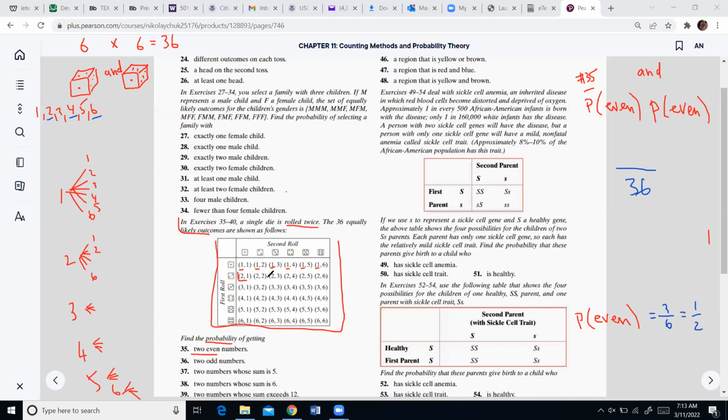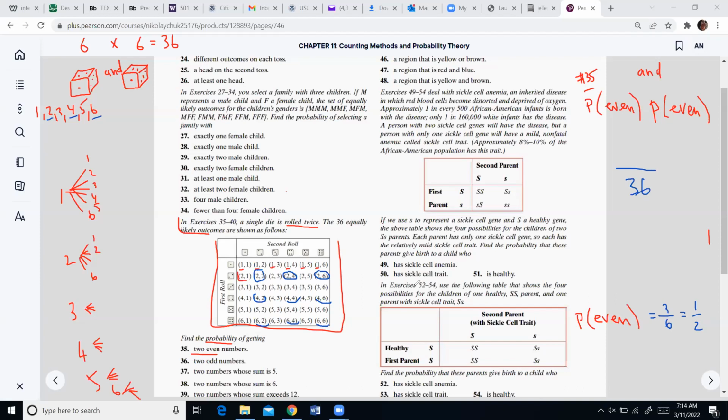So which ones will correspond to 2 evens? Well, looks like nothing in the first row. There'll be 1, 2, 3 in the next row, right? Nothing in the next row because it has 3, it's an odd number. And then I have another 3 in the next row, and then I have another 3 in the last row.